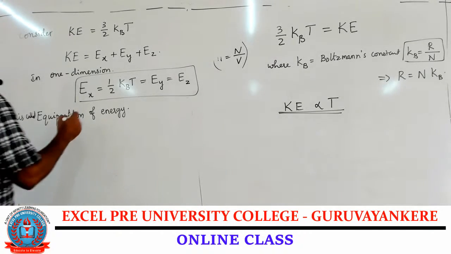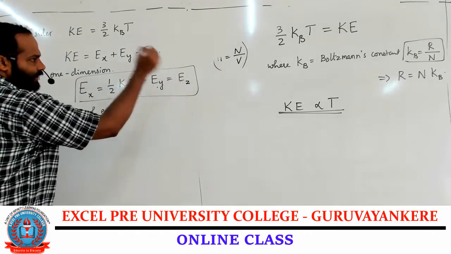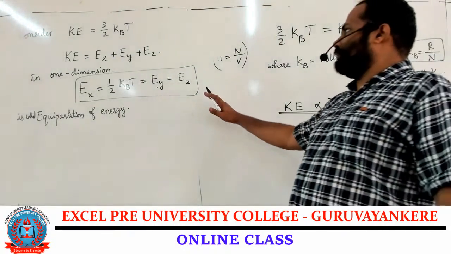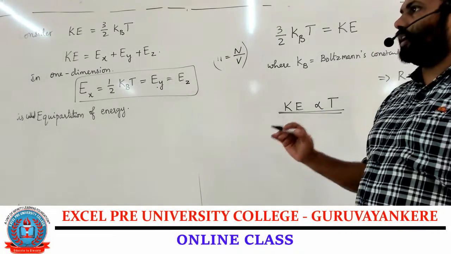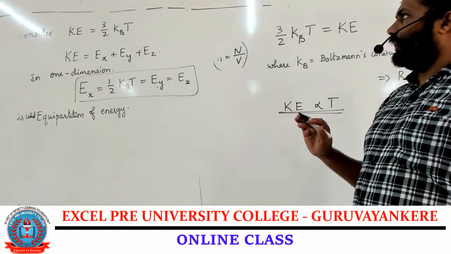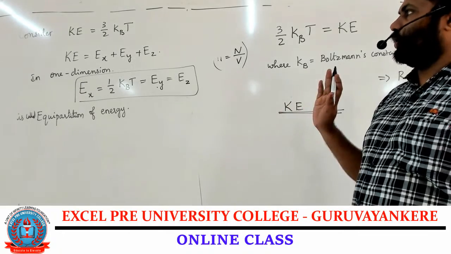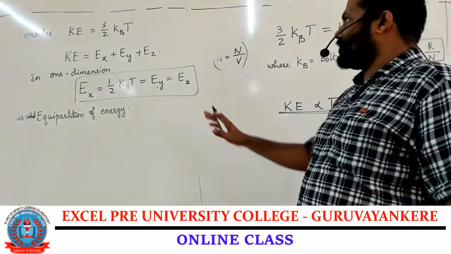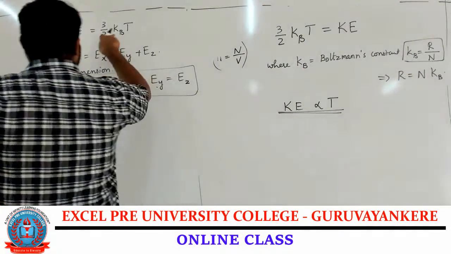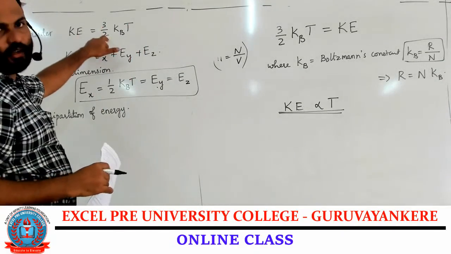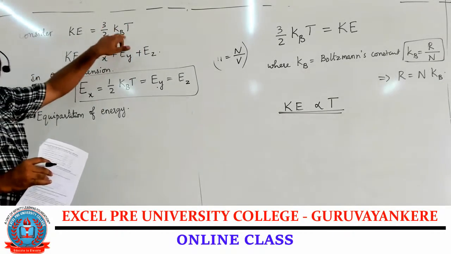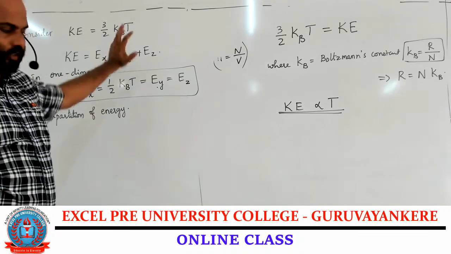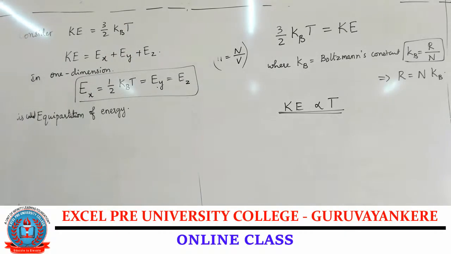That means energy along the x-axis, y-axis and z-axis for a gas molecule is equally distributed. Equal parts, equipartition. Okay, that is from this expression. If you add half kBT three times, you end up getting 3 by 2 kBT, which is the total kinetic energy of the molecule. Hope it is clear. Okay, that is called equipartition of energy.